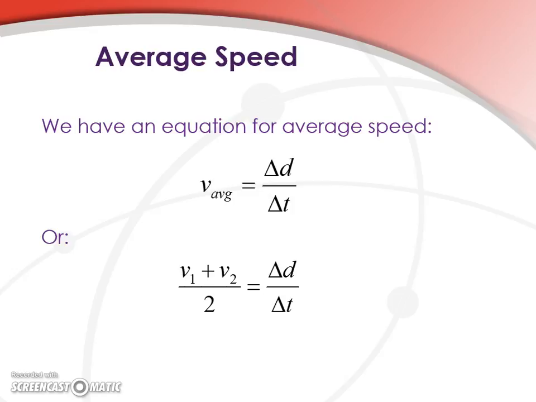That's equal to our change in distance over change in time. Very straightforward. One of the fundamentals of what we're doing here. Now remember that this does imply constant acceleration, so we don't have a changing acceleration in this kind of problem.